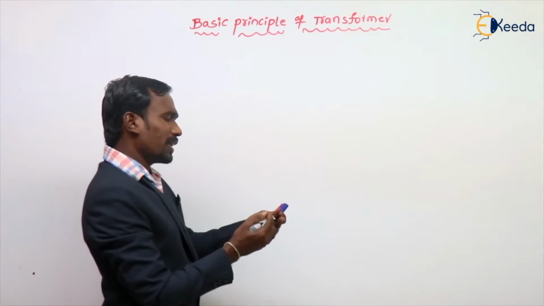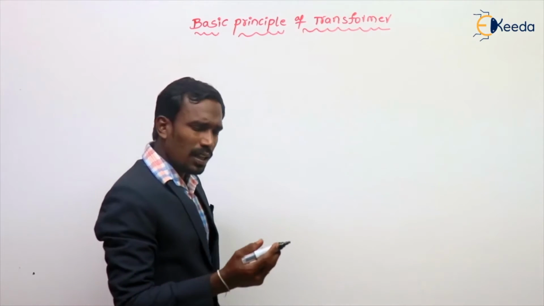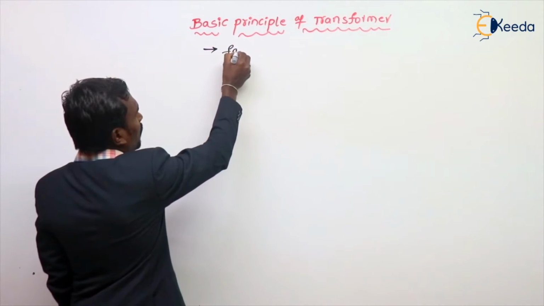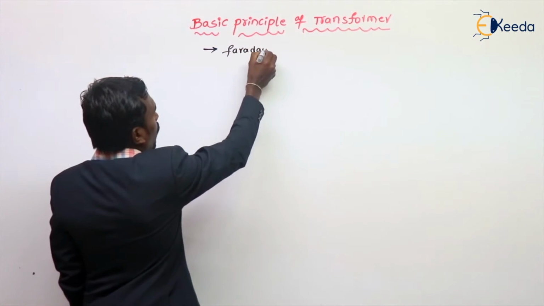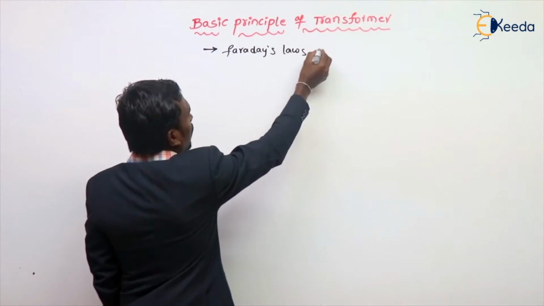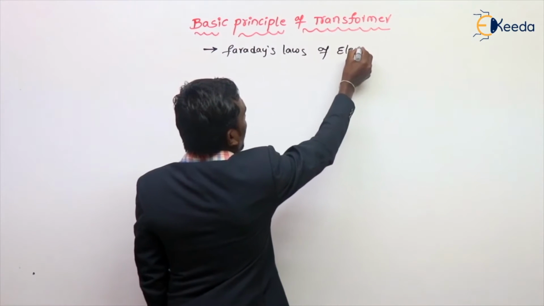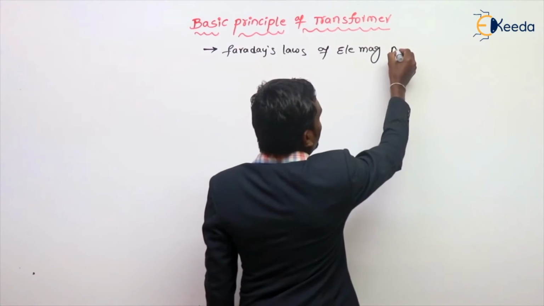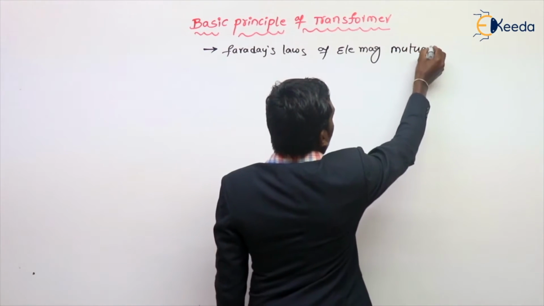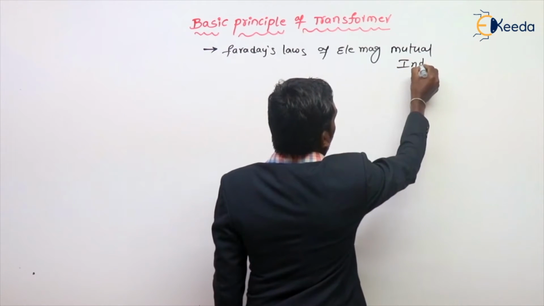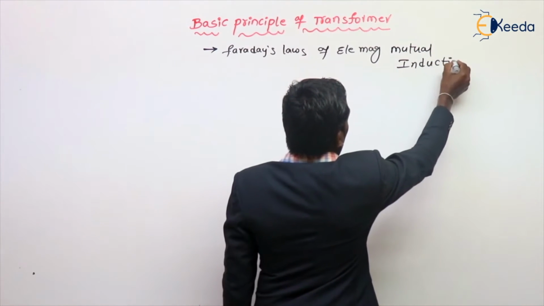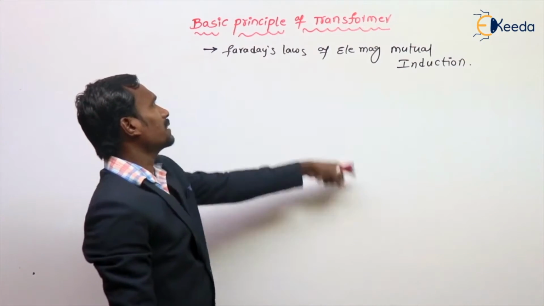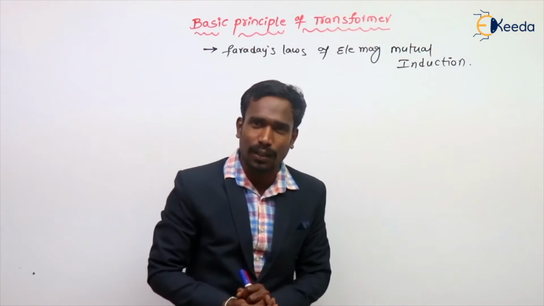The basic principle of the transformer is Faraday's laws of electromagnetic mutual induction. Faraday's laws of electromagnetic mutual induction is the basic principle of our transformer.